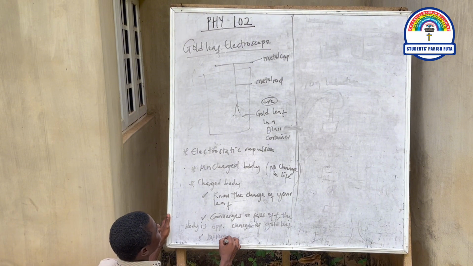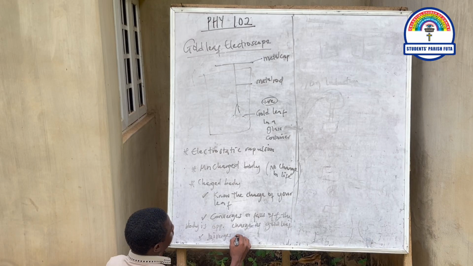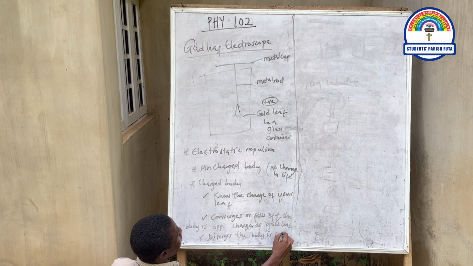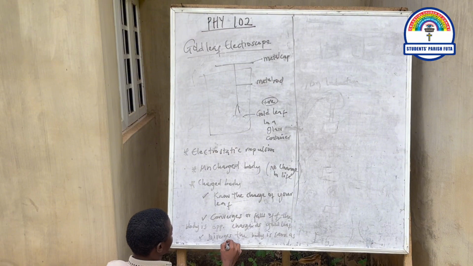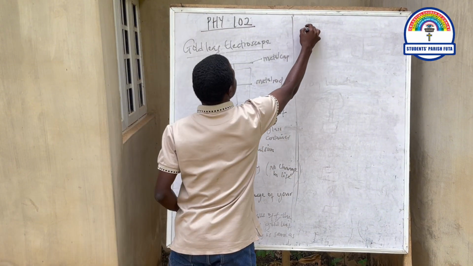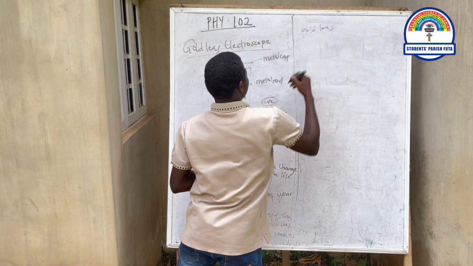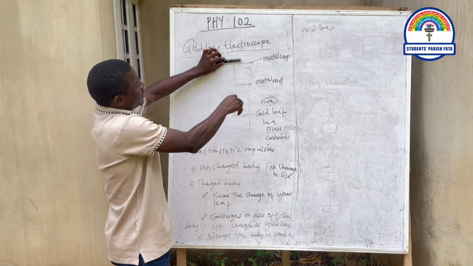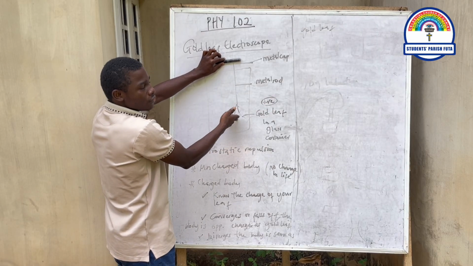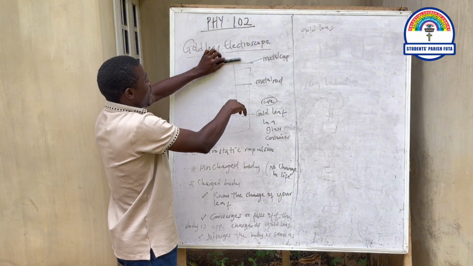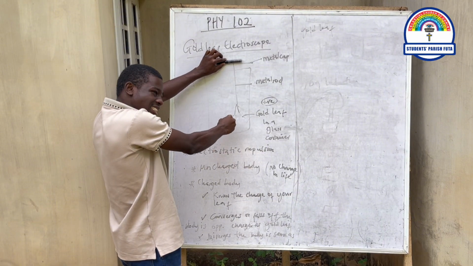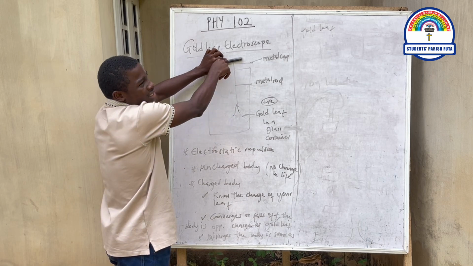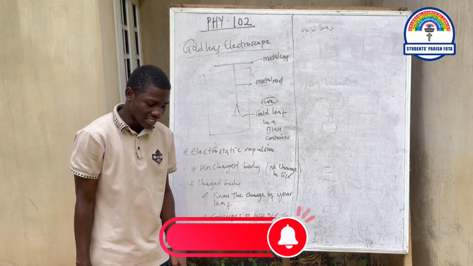But if it diverges or increases more, the body is the same as your gold leaf. So what we are saying is, if you put the body on the gold leaf and the leaves diverge, they have the same charge. And since you know the charge of your gold leaf, you know the charge of the body. But if you put the body on it and it converges, it means they are opposite. So if you know the charge of this, you know that the opposite of it is the charge of your body. So that is how the gold leaf works.